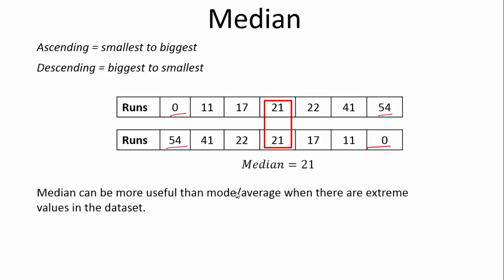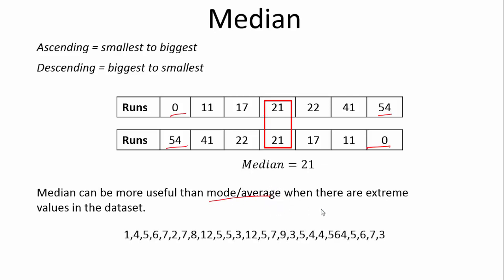Sometimes the median can be much more useful than the average or the mode, as we learned in the previous video. This can happen when there are extreme data values in the data set. We're not going to work this out, but I'm just going to show you. If you were to try and find the average of this data set, you would think, just looking at this bit here, that it will be somewhere less than 10.